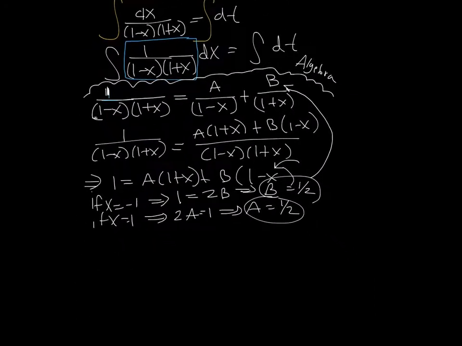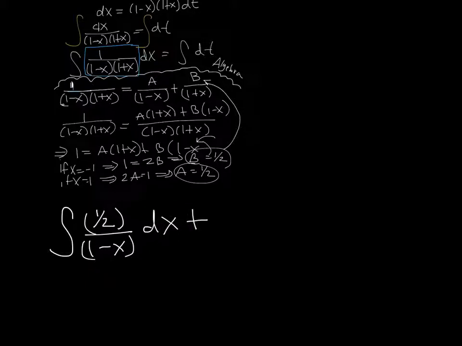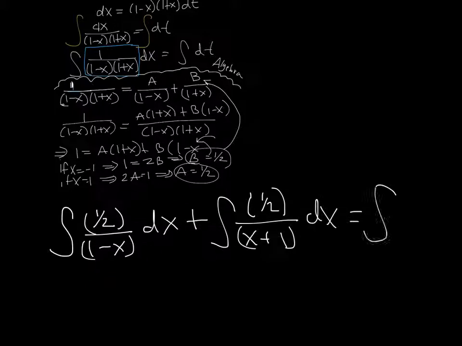I'm going to rewrite: the integral of 1/2, that's my a, over 1 minus x dx, plus the integral of, again, the same, a half over 1 plus x, or x plus 1, dx equals the integral of dt.